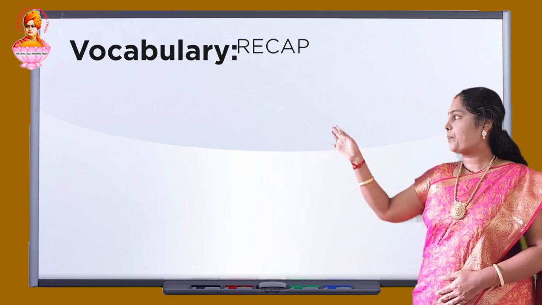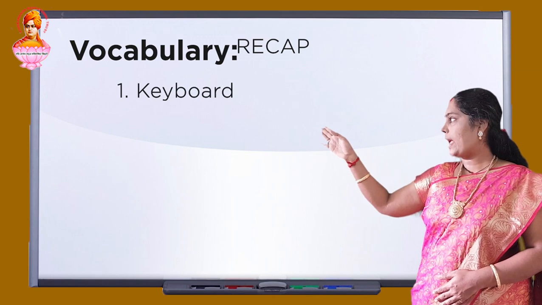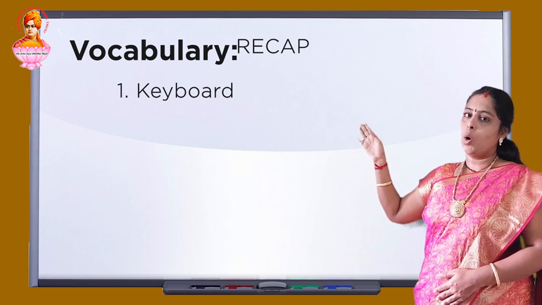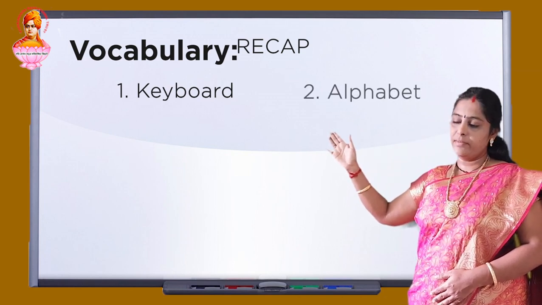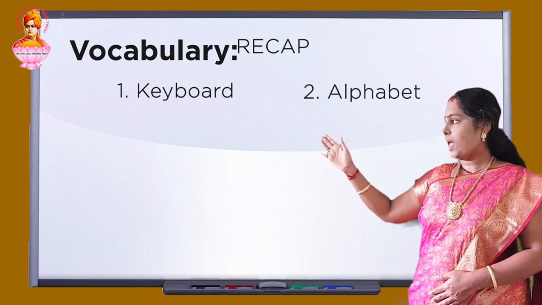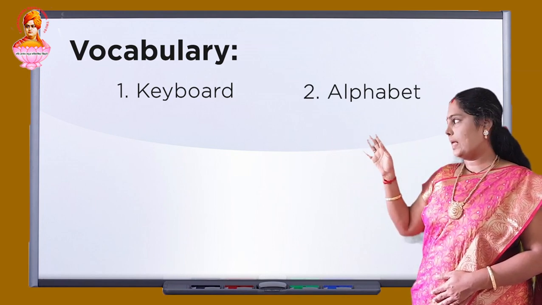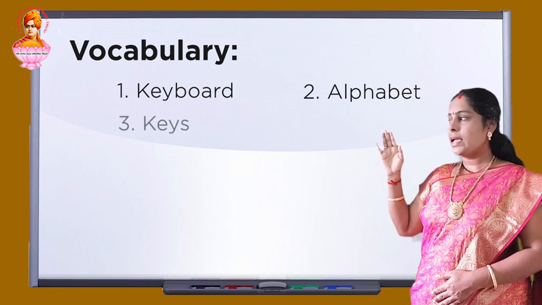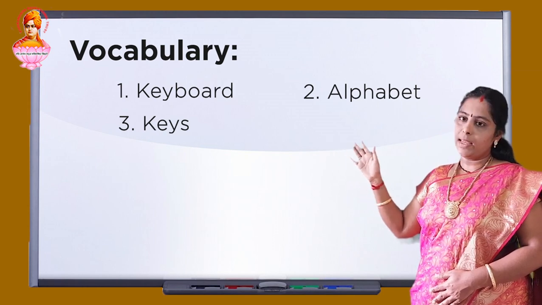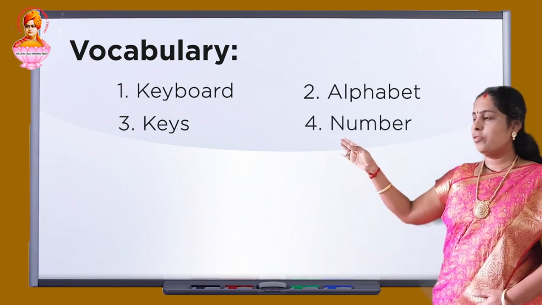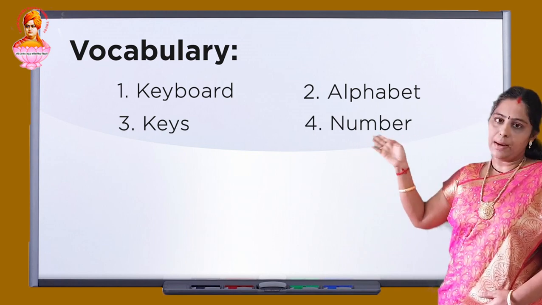Okay, kids. So I have given you a vocabulary. The first word is keyboard. Keyboard. And our second word is alphabet. Alphabets. Right? And our third word is keys. Keys. Fourth word is number. Number. Yes.